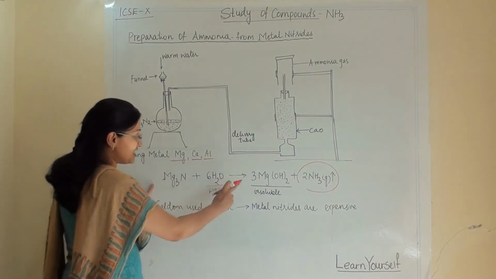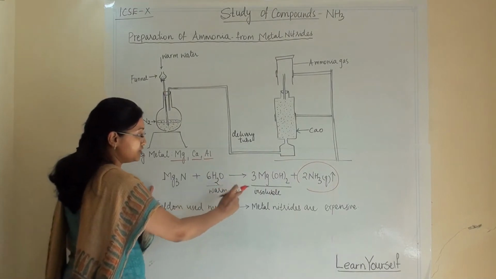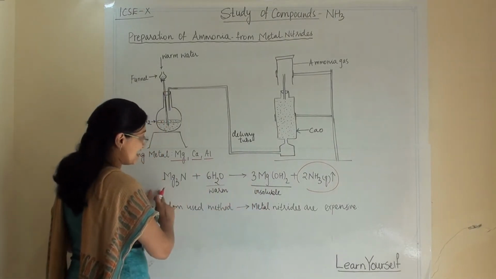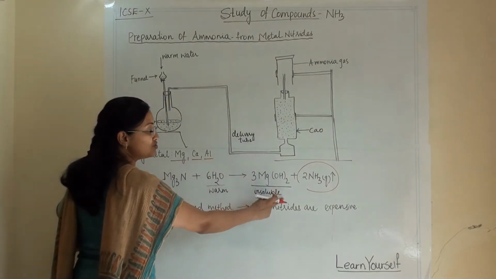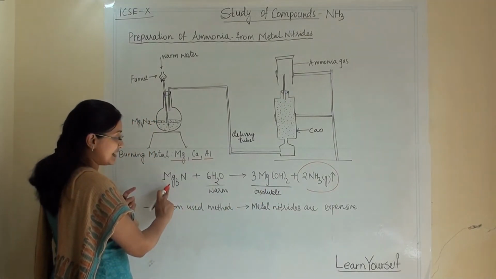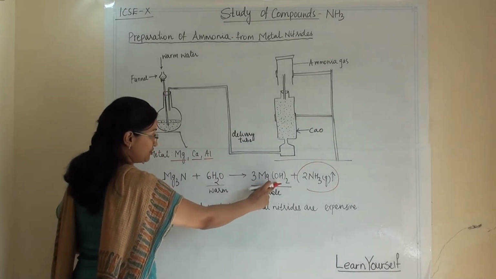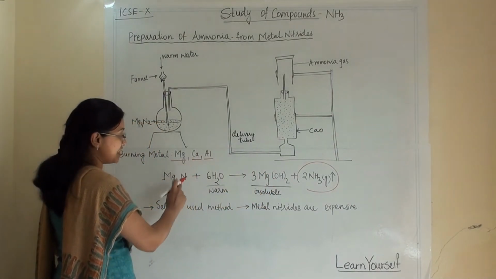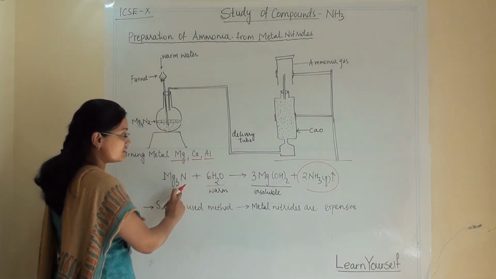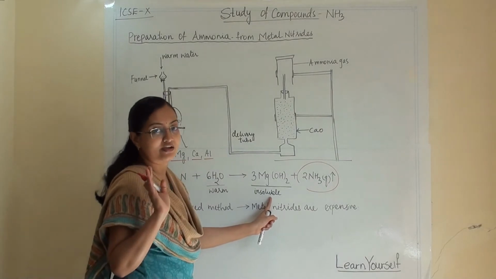In this reaction, when they react with warm water, you will get their respective insoluble hydroxide. That means if you have taken magnesium nitride, you will get magnesium hydroxide. If you have taken calcium nitride or aluminium nitride, you will get calcium hydroxide or aluminium hydroxide.